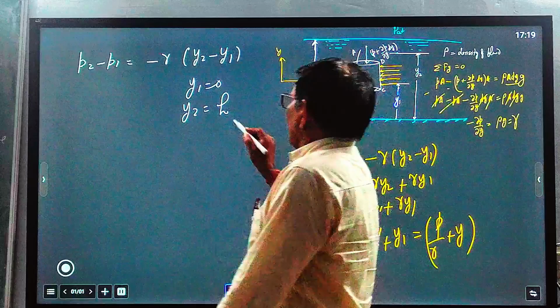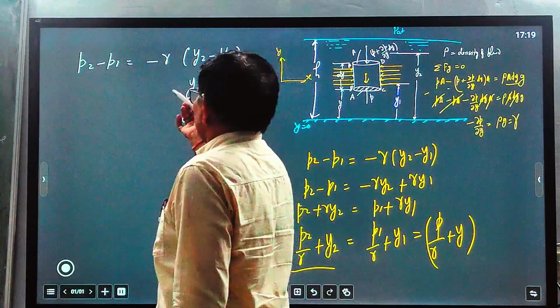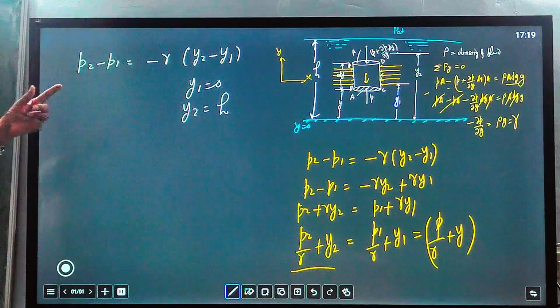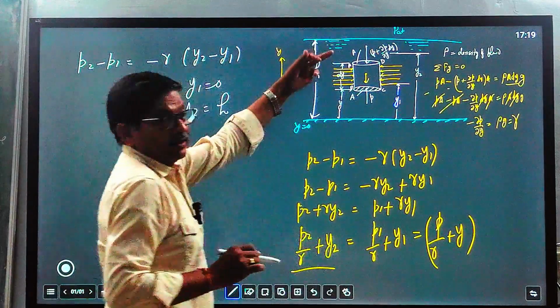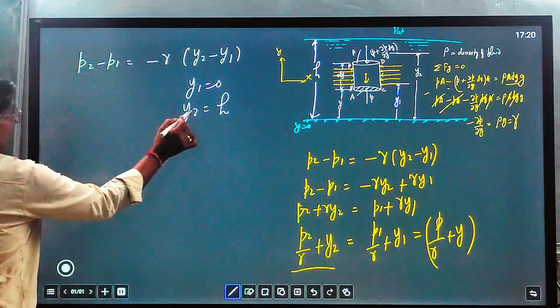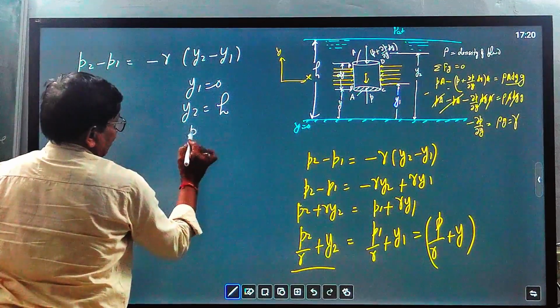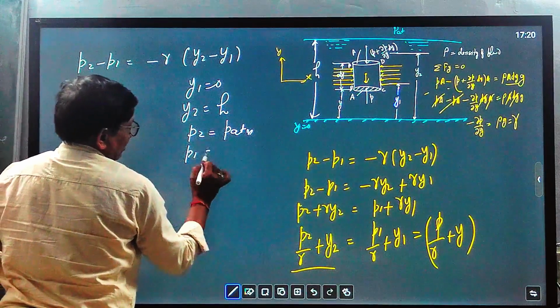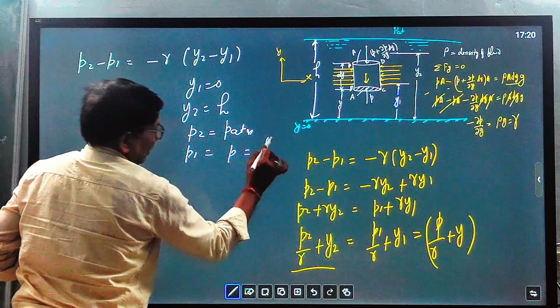So what will happen? At y1 equal to 0, we want the pressure P1, and at y2 equal to h, when we move from here to here, the pressure P2 equals P atmospheric. So at y2 equal to h, P2 equal to P atmospheric, and P1 equal to P, which we want to calculate.